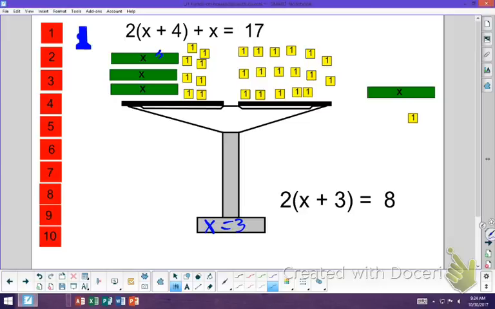So I get 3, 6, 9, 10, 11, 12, 13, 14, 15, 16, 17. And then 1, 2, 3, 4, 5, 6, 7, 8, 9, 10, 11, 12, 13, 14, 15, 16, 17. So the check is 17 equals 17. And that is using the distributive property to use and solve equations.